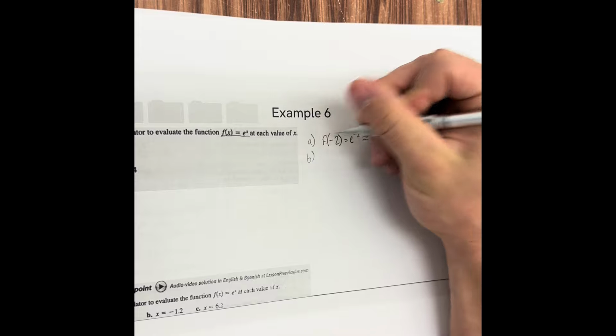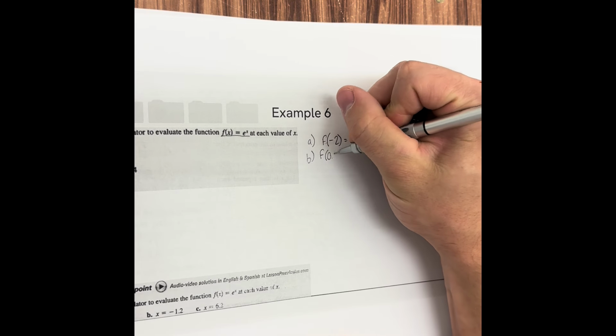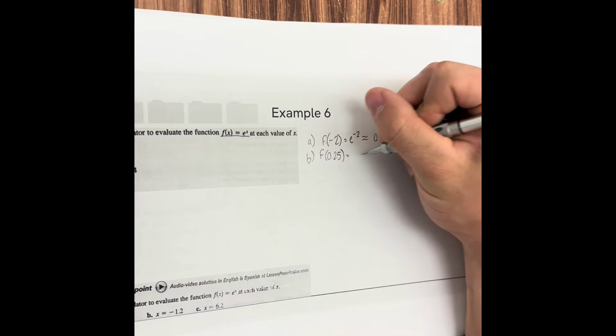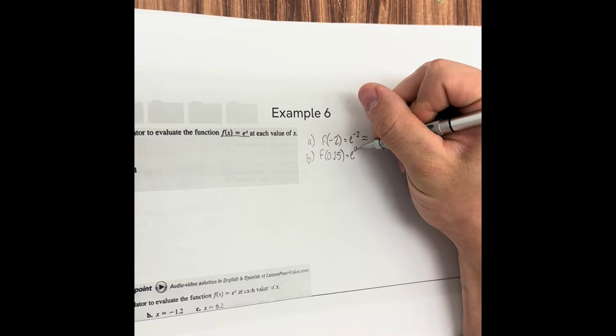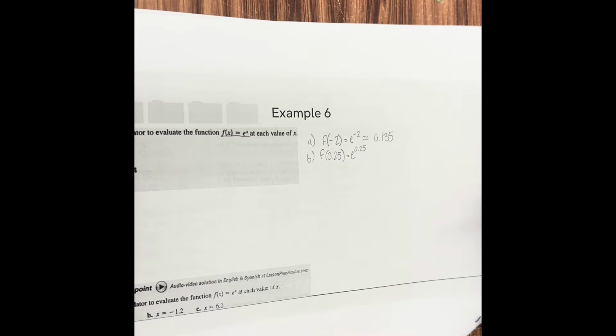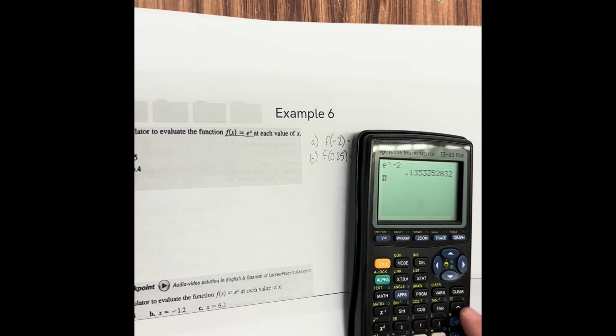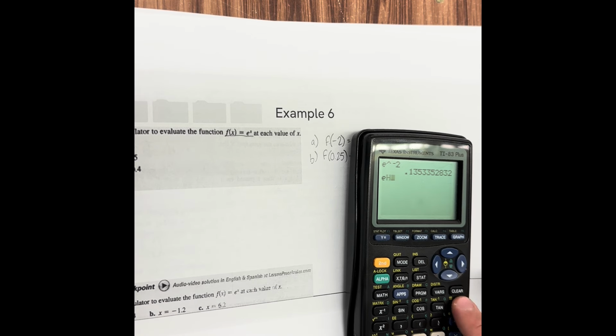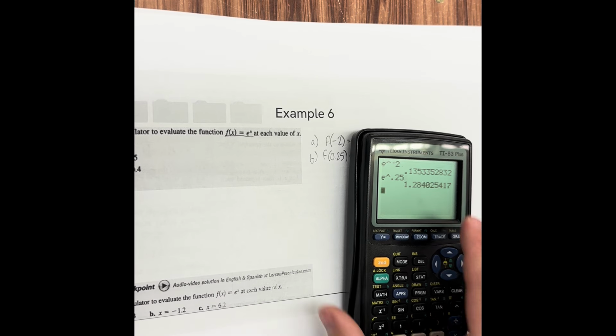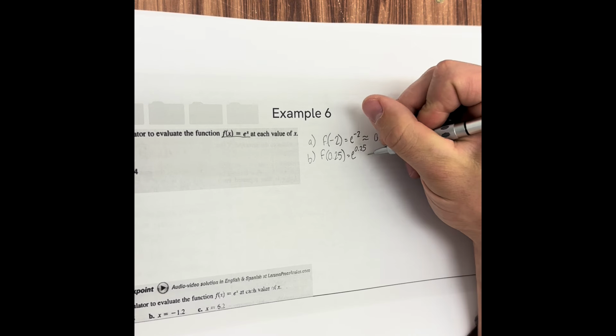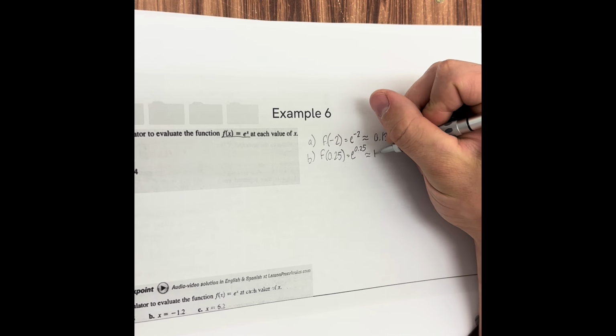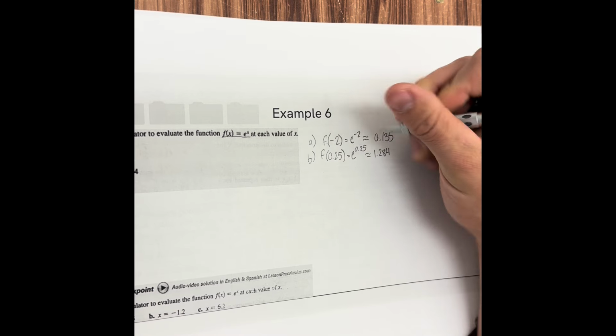Letter B, we have f of 0.25 equals e to the 0.25. Again, I'm going to type this in. Second e to the power of 0.25, 1.284, so approximately 1.284.